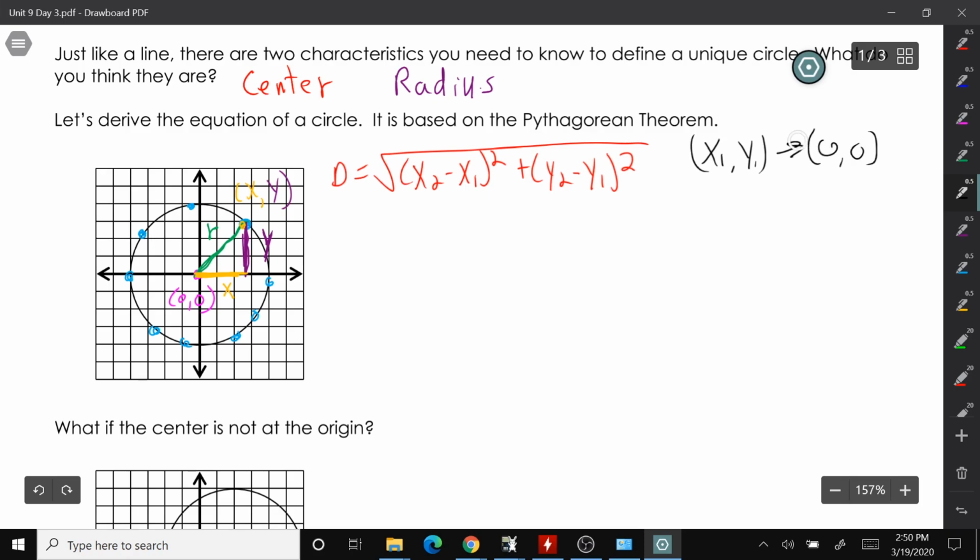That's where the center of our circle is. And x2 and y2 is just going to be any point we pick on the graph, so we're going to leave those as variables for now. So the distance is equal to, well, we don't know what x2 is, so we leave that as x2 minus, well, x1 is 0, squared, plus y2 minus 0 squared.